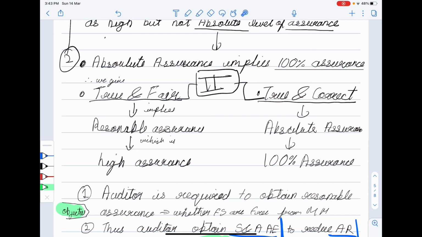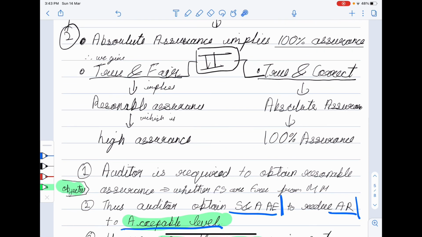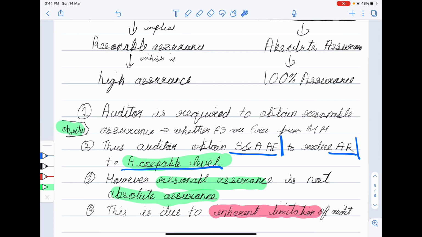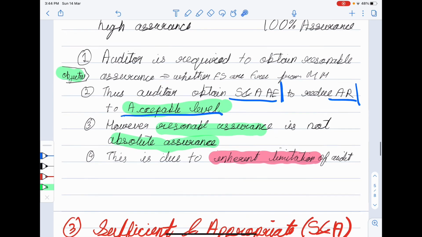The auditor is required to obtain reasonable assurance whether financial statements are free from material misstatement, by obtaining sufficient and appropriate audit evidence to reduce audit risk to an acceptably low level. However, reasonable assurance is not absolute assurance. This is due to the inherent limitations of audit.